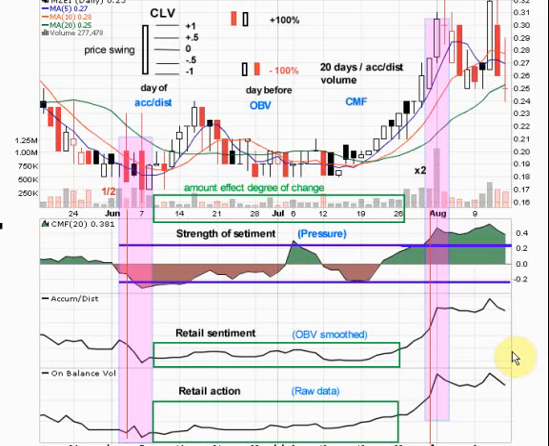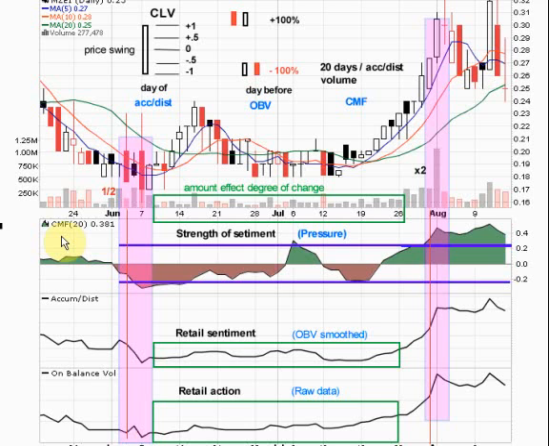With the CMF being a pressure indicator, you have a zero line, and you can visualize the strength and the weakness more than just a graph trending in one direction or the other. I find the CMF much more beneficial to me, understanding the support the money flow indicator gives.